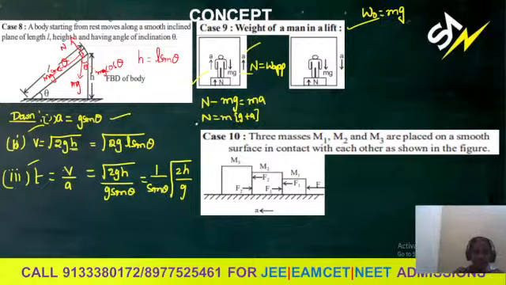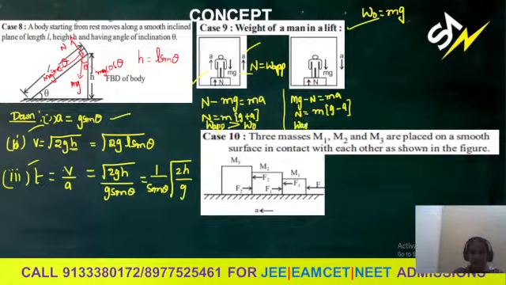But when the lift is accelerating up, N is the apparent weight, so apparent weight is greater than true weight. Let us see the second situation. Lift is accelerating down. In this case, we can write mg minus N is equal to ma. Then N is equal to m into g minus a, where N is the apparent weight, which is less than true weight, because it is mg minus ma.